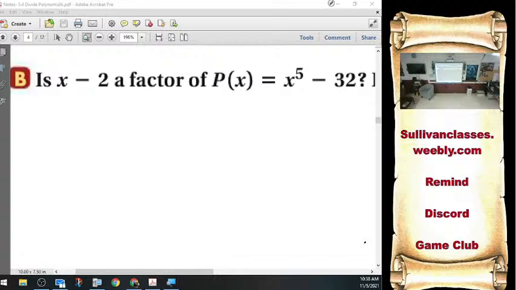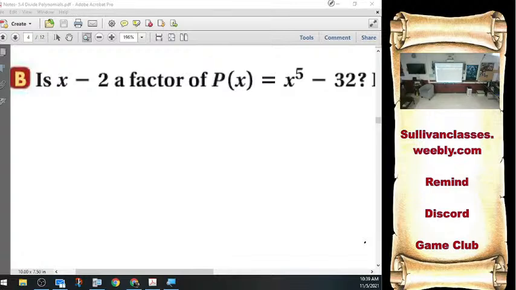Repeat. 2x to the fourth divided by x, so that would be 2x to the 3rd. And it's a positive 2, so plus 2x to the third. Take that times the stuff. Oh wait, we forgot to drop it. There you go.